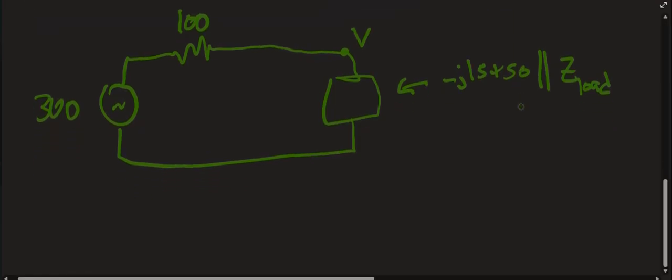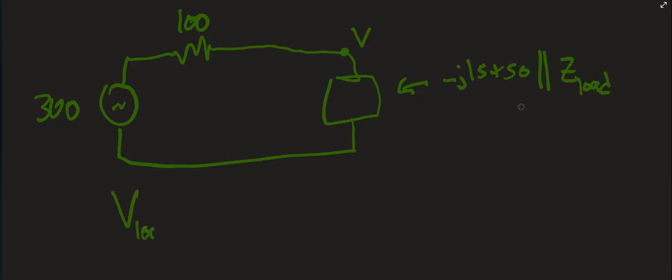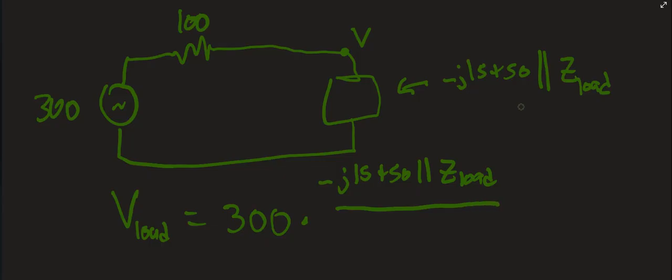The way voltage division works is, if I want to find V load, I take my total V, which is 300, times the impedance of the part that I want the voltage over, which is minus J15 plus 50 in parallel with Z load, which I don't know what that is yet, over minus J15 plus 50 in parallel with Z load plus 100.